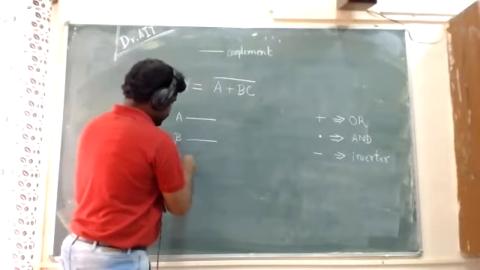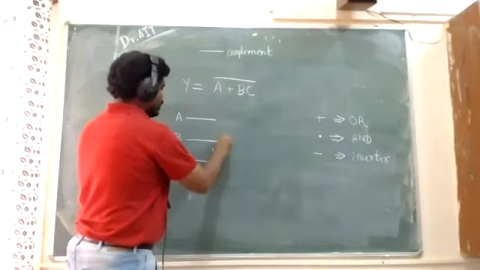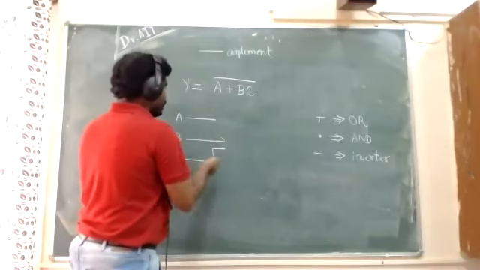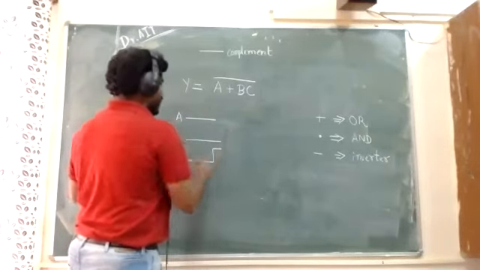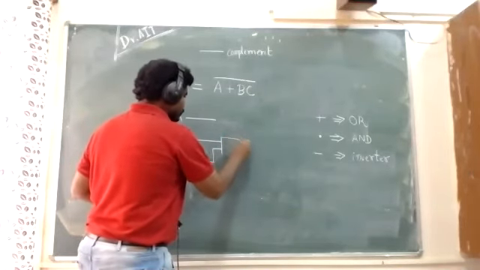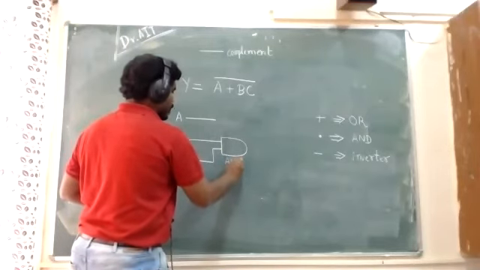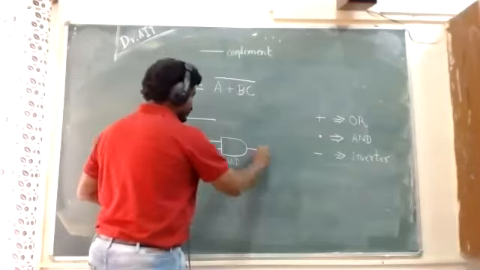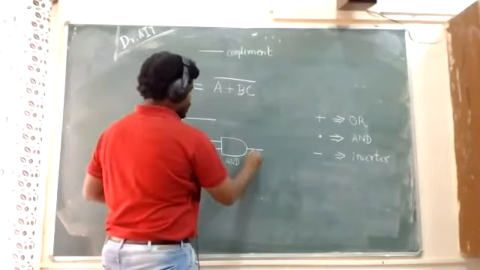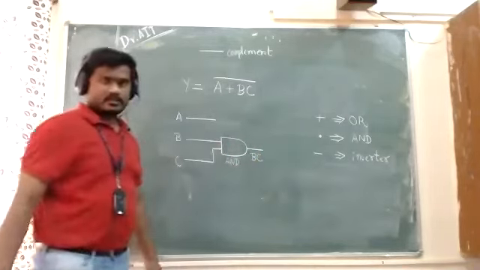I will take B and C like this and represent the AND gate here. The output of the AND gate is BC.